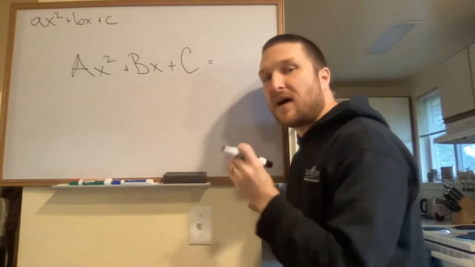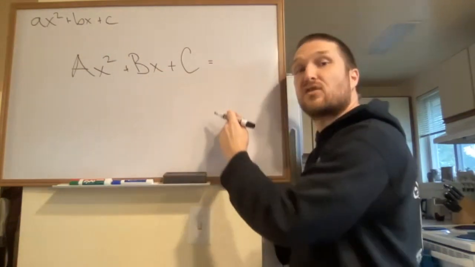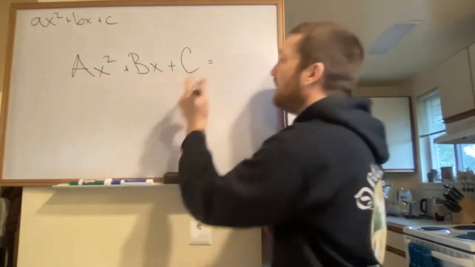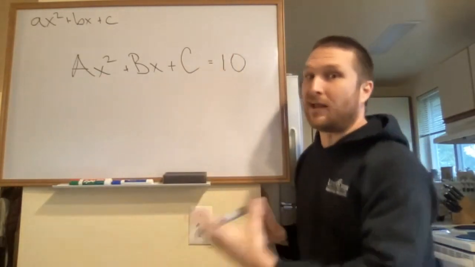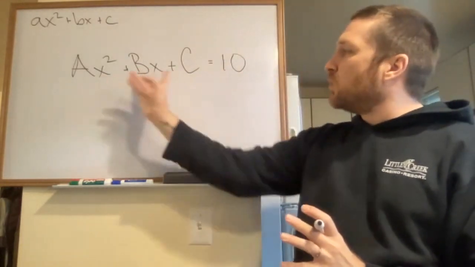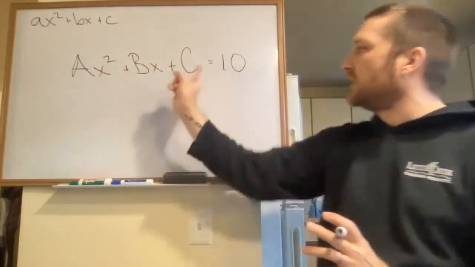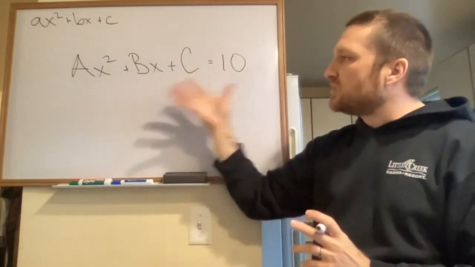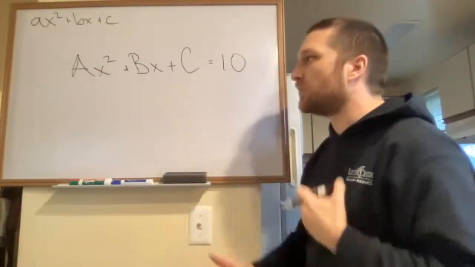And so you could find, given a certain amount of fuel, how far has the rocket gone? If you're trying to send your rocket to the moon, which is 10 whatevers away, how much fuel am I going to need to get my rocket to go 10 meters? And what we need to do then is solve for x. And this is how this shows up in the real world.